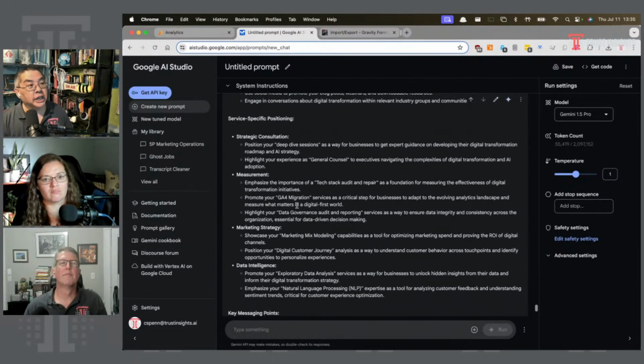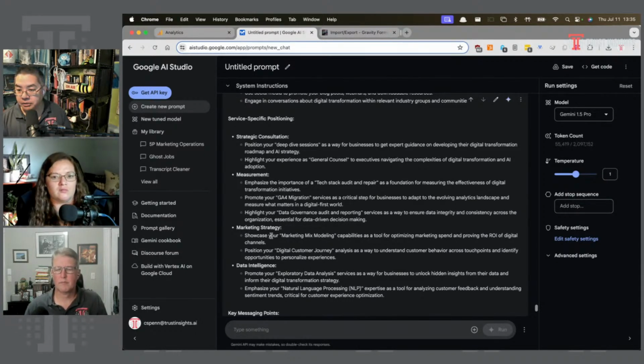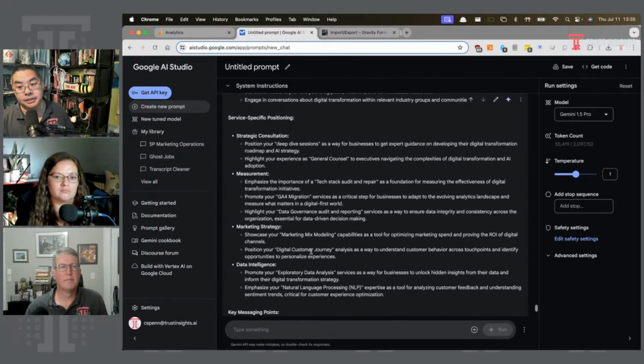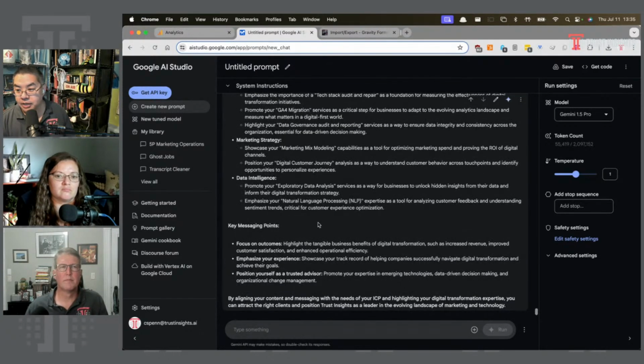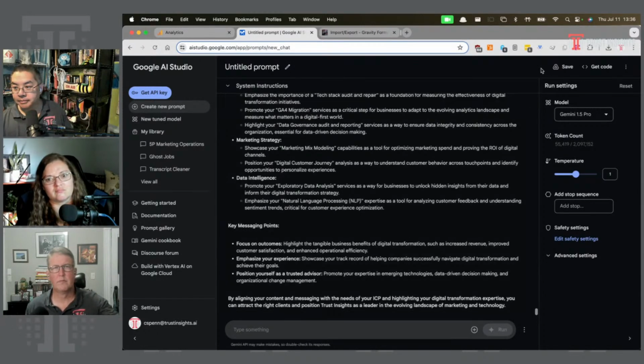Here's some ways to change our services, the way we talk about them, as a way to show people our digital transformation expertise, showcase our marketing mix modeling capabilities, which, by the way, are better than ever thanks to generative AI, data intelligence. So there's a lot of ways that the tool, given the data we've given it and its background knowledge, it now says, here's how you should be doing your marketing to broaden awareness of our digital transformation capabilities.